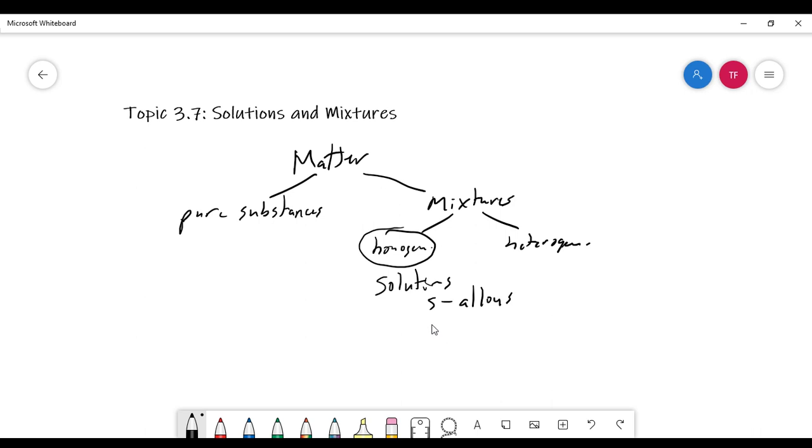I'm pretty sure I messed that up, but anyway, let's move on. You can have liquid solutions. Rubbing alcohol is a great example of that, where you have the alcohol and water mixed together and you can't identify the different parts. And then you can also have gaseous solutions like air, where you have different elements that are all mixed together and you can't identify the different parts.